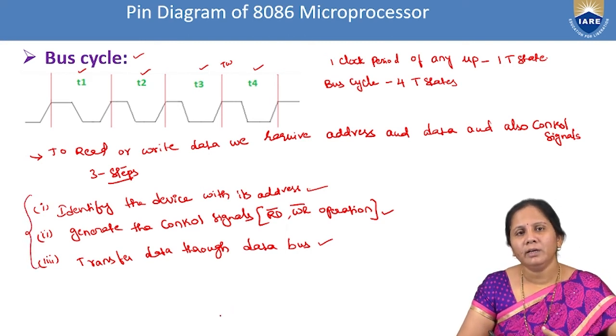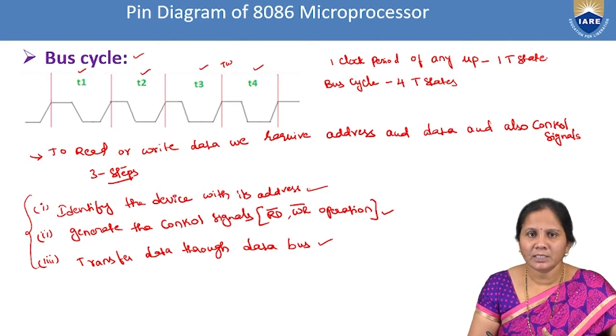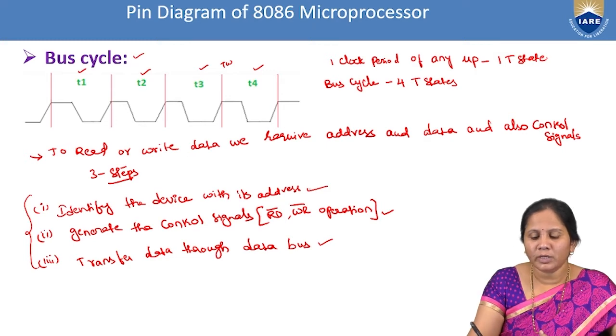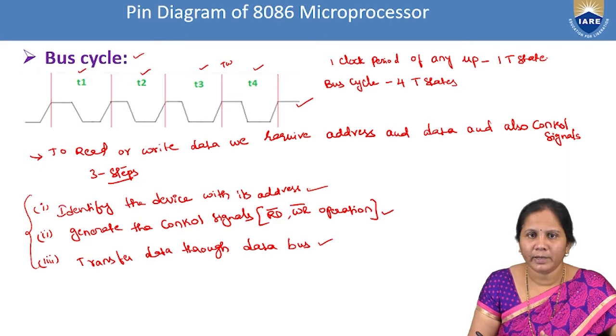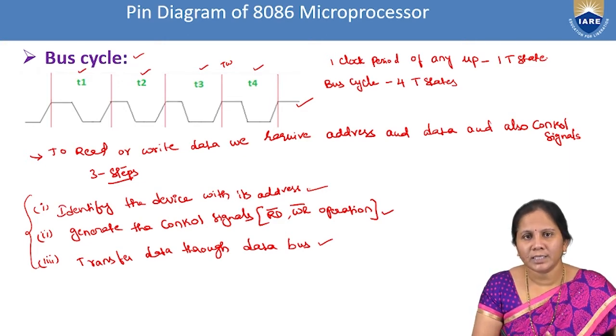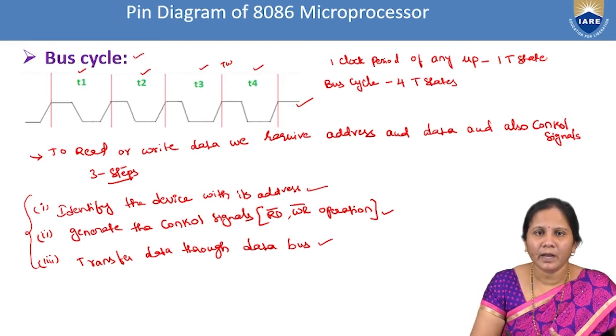Coming to the pin configuration of the 8086 microprocessor, it consists of both address data multiplexed lines as well as address status multiplexed lines. In which T state the address information is available, and in which T states the data or status information is available? In both cases, only during the T1 state the address information will be available.